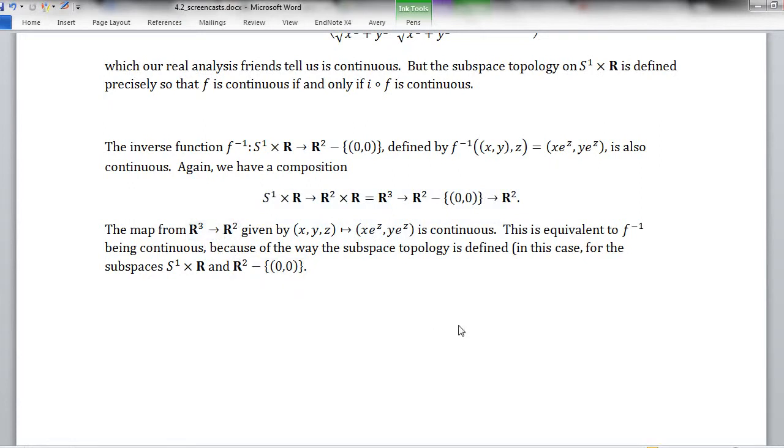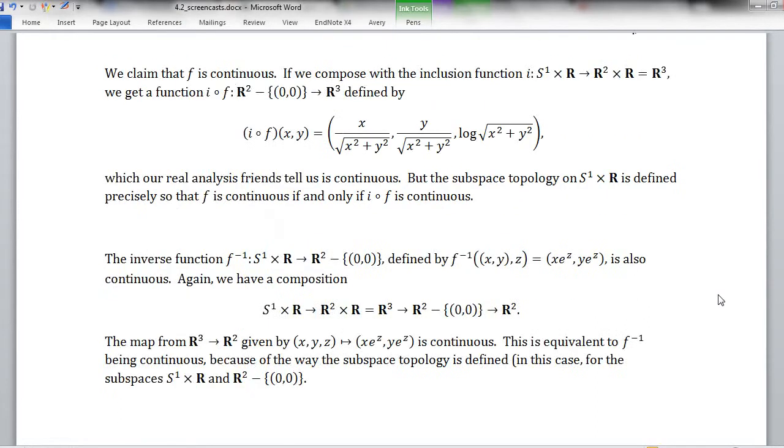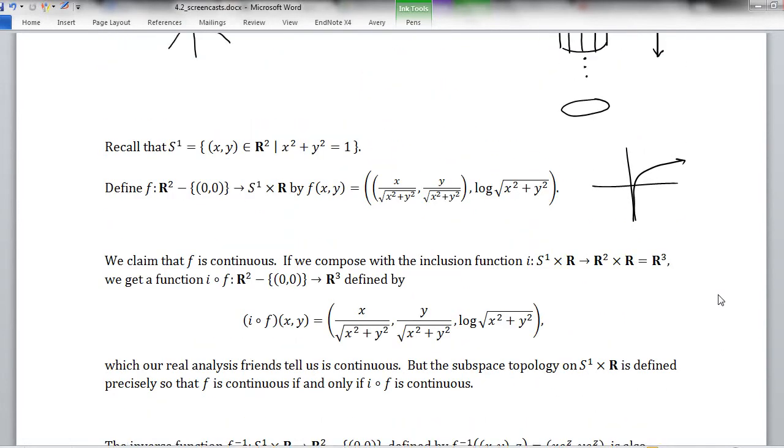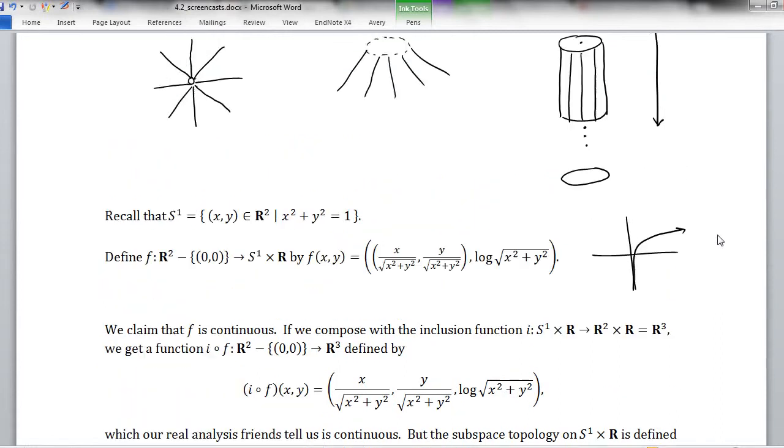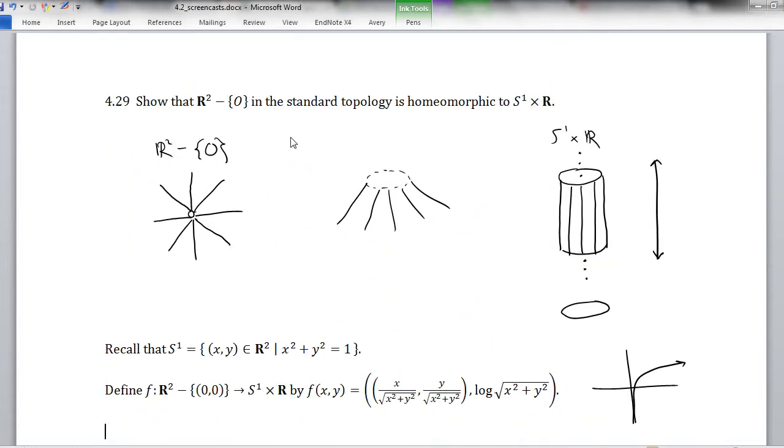And again, because of the way the subspace topology is defined, that's also going to mean that f inverse is a continuous function from the cylinder to the punctured plane. Okay, so we have this f up here, which is a bijection, and both it and its inverse are continuous. Therefore, it's a homeomorphism, and it shows that these two spaces are homeomorphic.